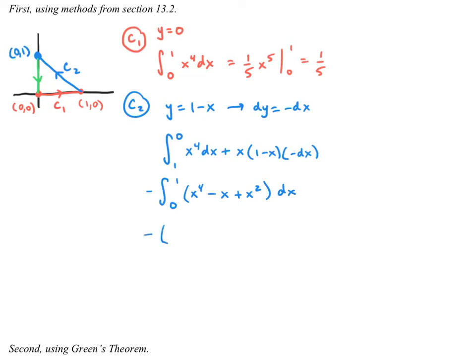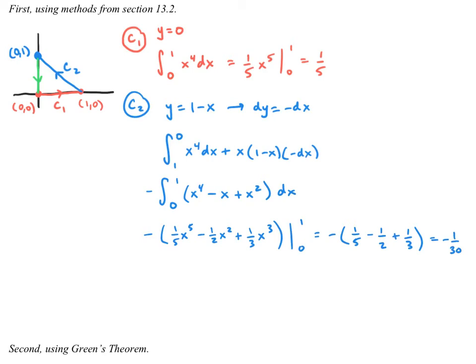We have negative 1/5 x to the fifth minus 1/2 x squared plus 1/3 x to the third. We're going to evaluate from 0 to 1. So we have negative 1/5 minus 1/2 plus 1/3. And the lower limit would be 0, so we don't mind about that. This gives us negative 1/30.